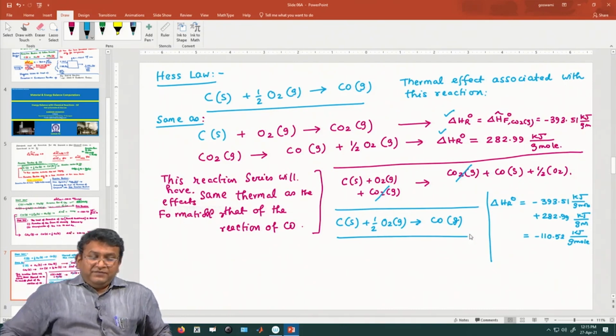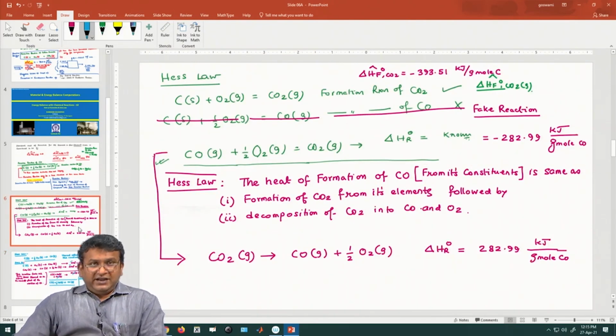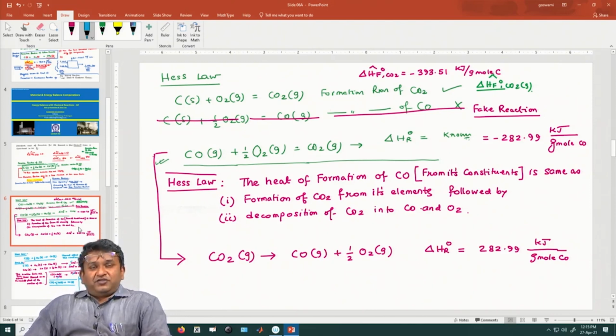After a little bit of understanding, we have very nicely utilized the concept of Hess law: the energy associated with the formation of carbon monoxide from its constituent elements is essentially the same as obtaining carbon dioxide, and then considering that carbon dioxide gets dissociated into carbon monoxide and oxygen.